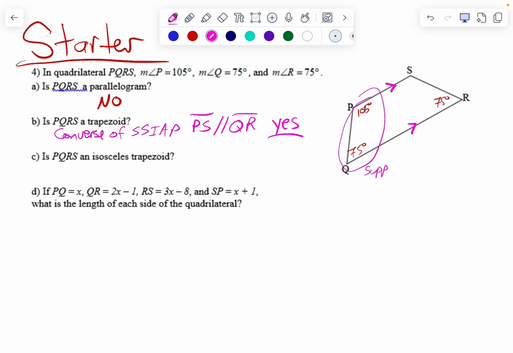Okay, is PQRS an isosceles trapezoid? How would we be able to tell if it is that or not? Well, remember, isosceles trapezoids have congruent base angles.